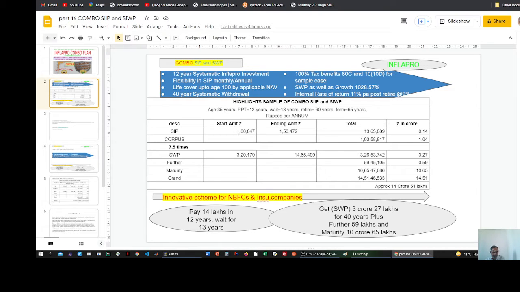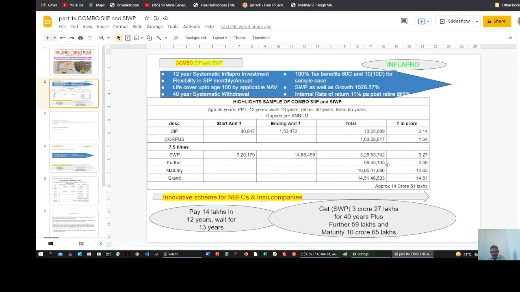The investment is for 12 years and it started with 81,000 rupees per annum, and every year it increased by 6% and went up to 1,53,000 in 12 years, and subsequently after the wait, we will have a corpus fund of 1 crore 4 lakh rupees. Our investment total was 14 lakh.